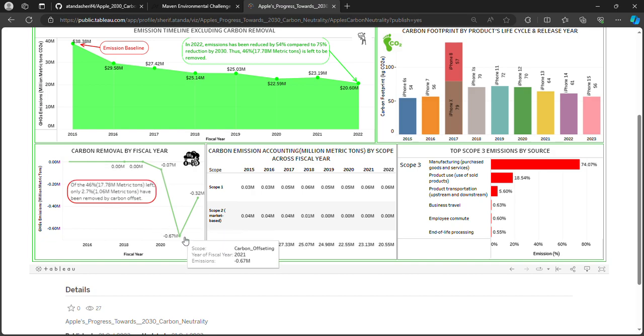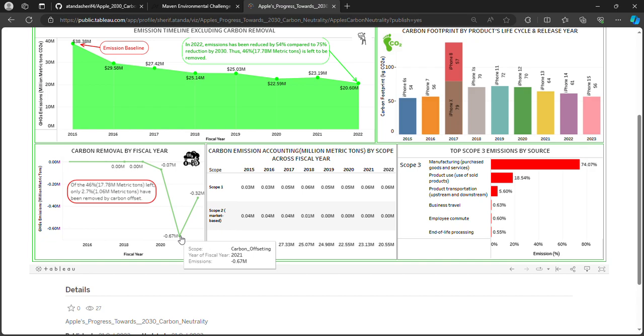But as at 2019, okay, this is 2021. Okay, let me start from here. As you can see, following the line chart, as at 2020, there was a bit of progress, a bit of action put into place to reduce this, but it was not enough, unlike 2021. And the reason why there is this downward trend is that Apple embarked on two projects in 2021, and one of them is afforestation.